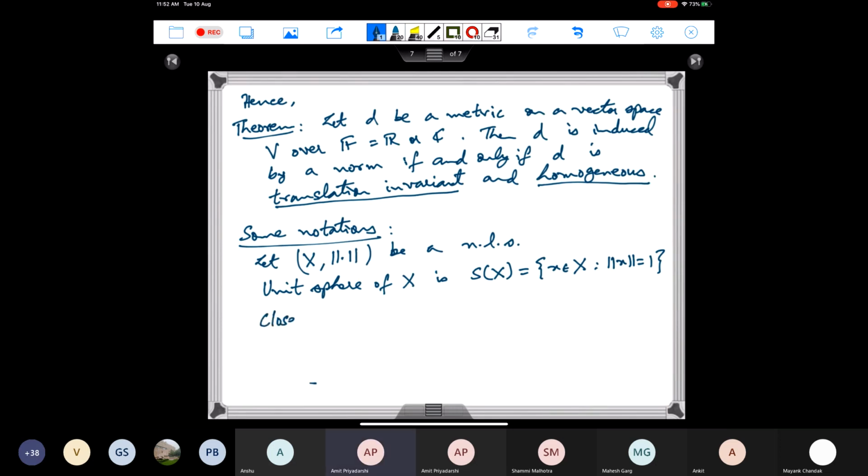We'll write the closed unit ball of X. This is denoted by B(X), which is equal to all those x in X such that norm of x is less than or equal to 1.